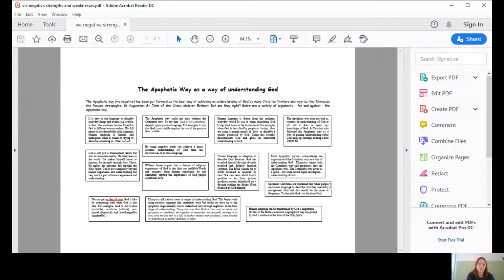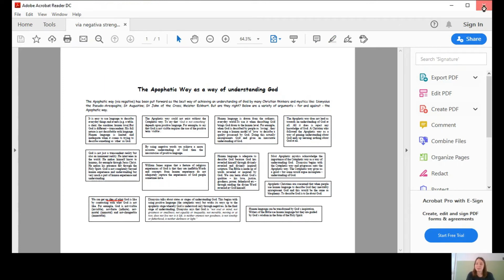And the final sheet that you have with this lesson and the scans of the pages is this sheet that says the apophatic way as a way of understanding God. And this is an evaluation sheet, which is for the end of the lesson. So you're going to find on there arguments for and against using the apophatic way as a way of understanding God. So that's the sheets that you need for your lesson today.